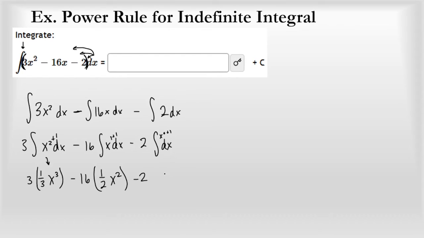I'm going to add on a +1, so I'm going to get x to the 1st. I divide by the new exponent. It's very trivial here. If it were me, I would just say the integral of dx is x. Done. Okay. And then to simplify this, one last step here. 3 times 1/3 is 1, so I get x cubed minus 8x squared minus 2x, and that's what I'm going to put in the box up here.